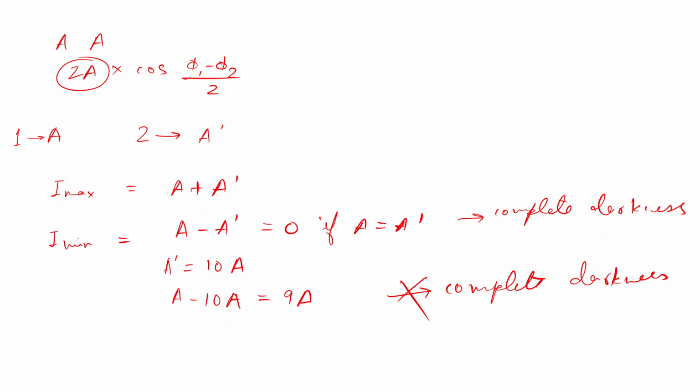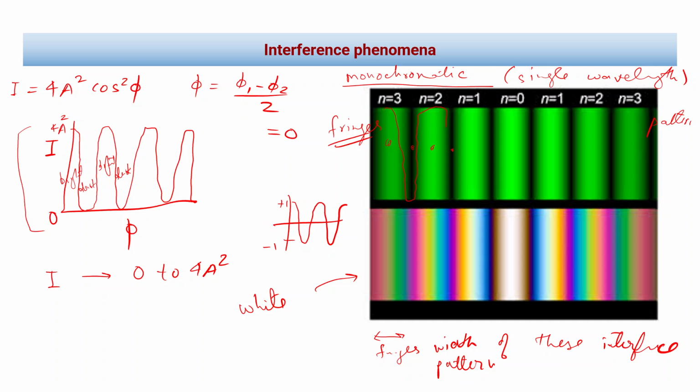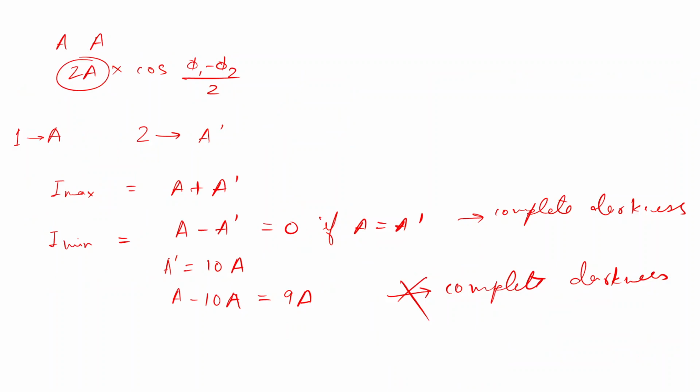Otherwise, taking measurements or doing experiments with such patterns gets difficult. Instead of seeing complete darkness, we'll get some light and it will be difficult to measure where the bright part of the fringe ends. So this is one of the conditions for getting good contrast, because when you are doing the experiment you should see a contrasting and clear image.